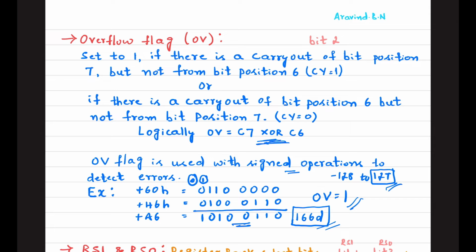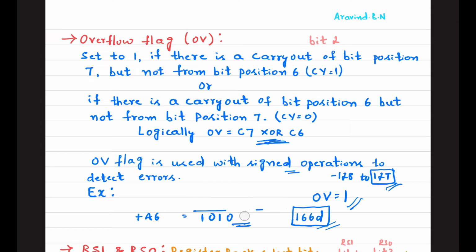Now let us consider one more example where the overflow flag will be set equal to 0. So first let us take out this one, and then I will take the second one. In the second example, let us consider two values where both of them are negative.